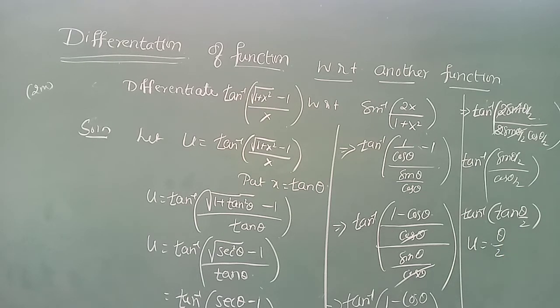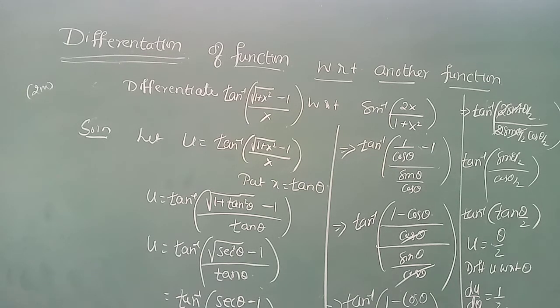Okay. u is a function of theta. Better we do the differentiation. Differentiate u with respect to theta. Just what we have done here is simplification. Okay. Next, du by d theta. Half is constant. See, differentiation of x is what? 1.